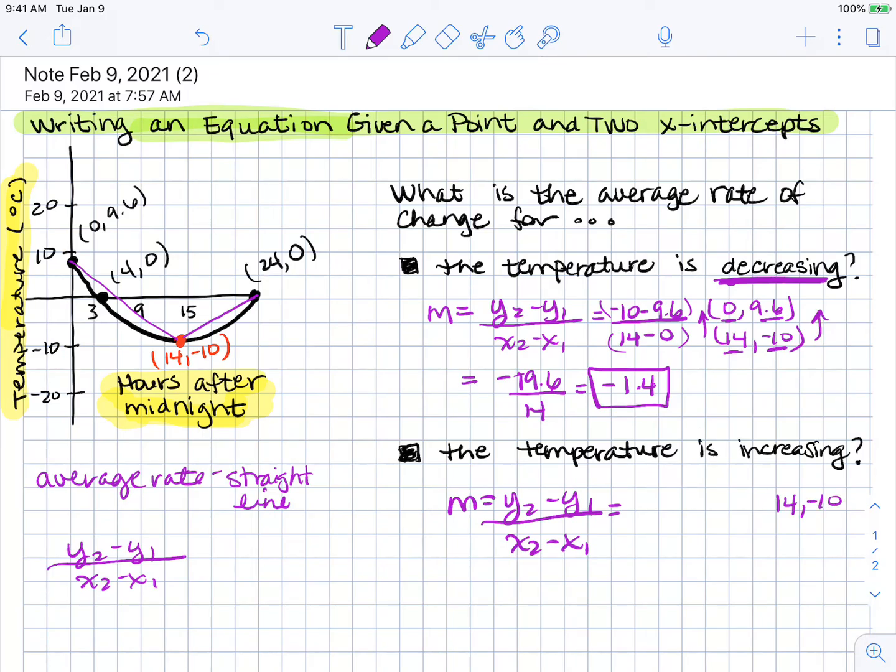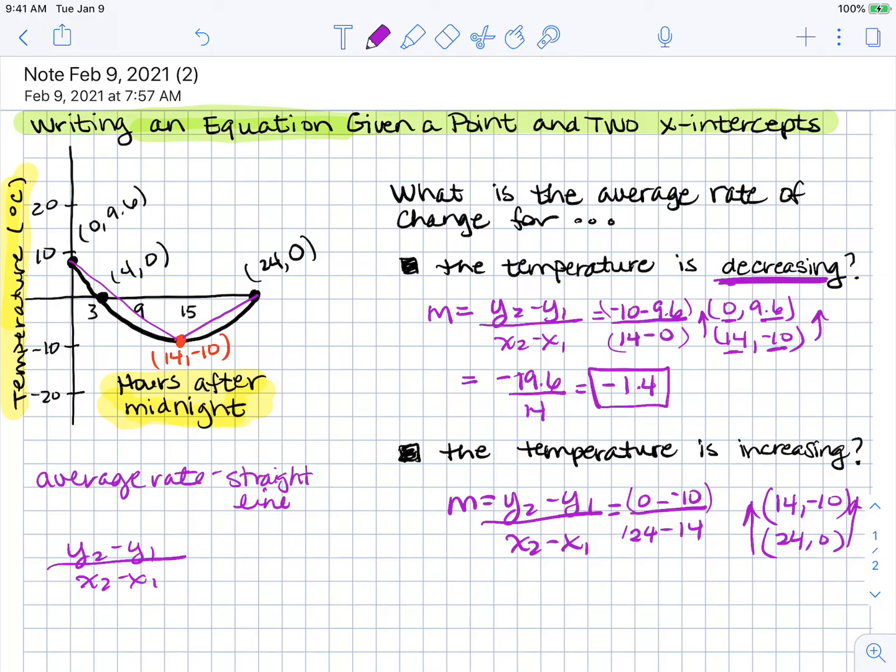And I have the other point of 24 and 0. And when I do this, I'm going to get 0 minus negative 10, and then 24 minus 14.